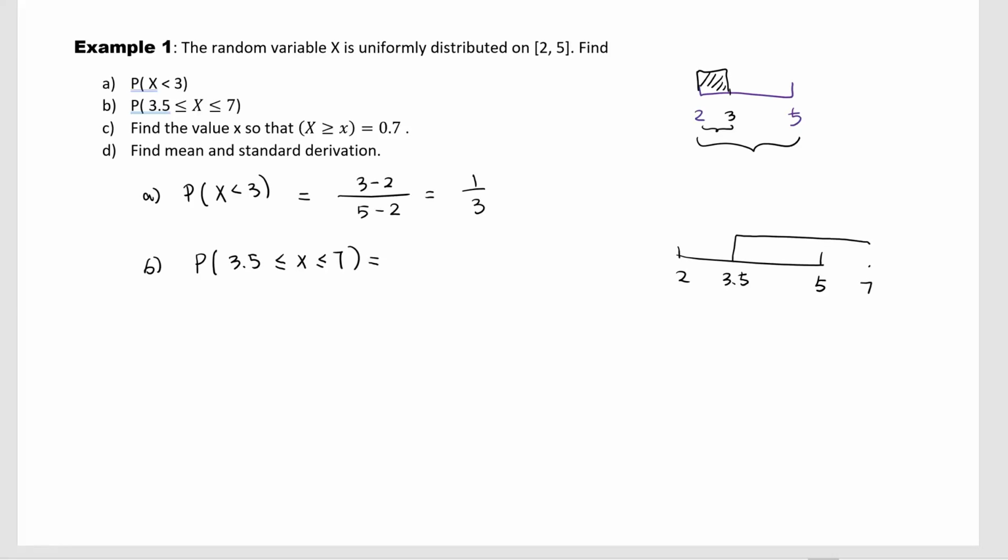But the problem is f is 0 outside of 2 and 5, so we only get this piece on the numerator, over the total, which is 5 minus 2. 5 minus 3.5 is 1.5, over 3 is 1/2. So that is our answer.